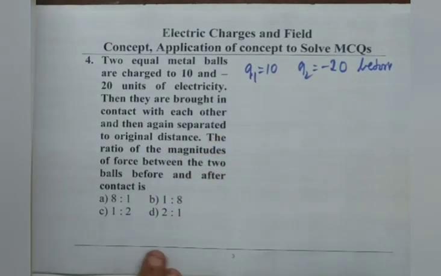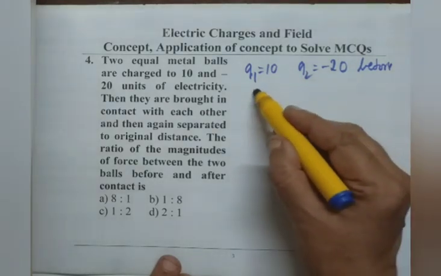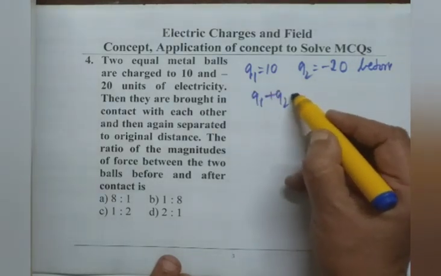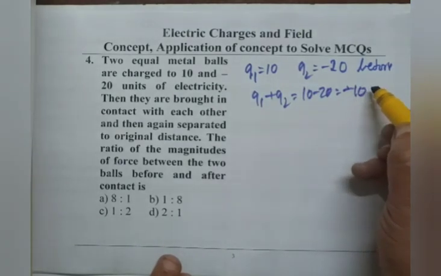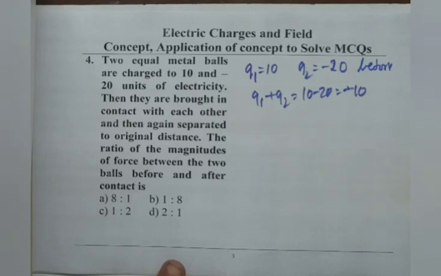Say this sentence will tell us to calculate the new charge on the spheres. For new charge, first we calculate the total charge. Say Q1 plus Q2 is 10 minus 20, minus 10 is the total charge on the two spheres because of the additive property.